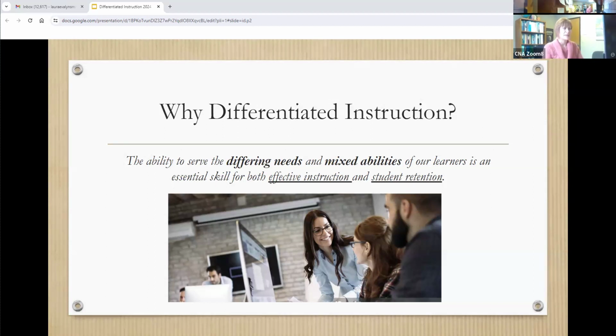One of the examples that has come up pretty frequently in our local program at LSS Center for New Americans has been how we deal with SLIFE and non-SLIFE students in the same classroom. If you don't know what SLIFE refers to, it is our students with limited and interrupted formal education.